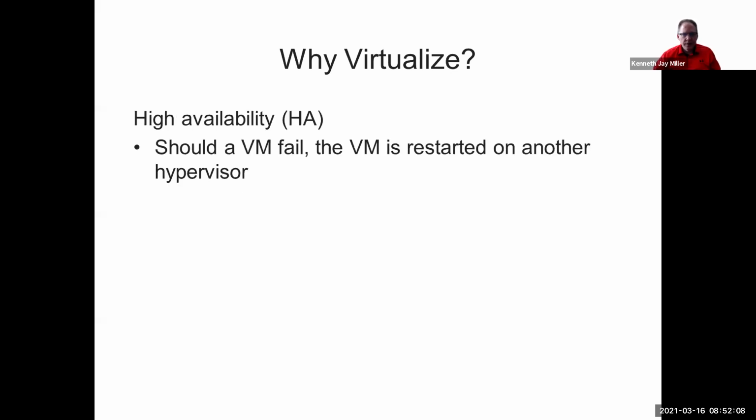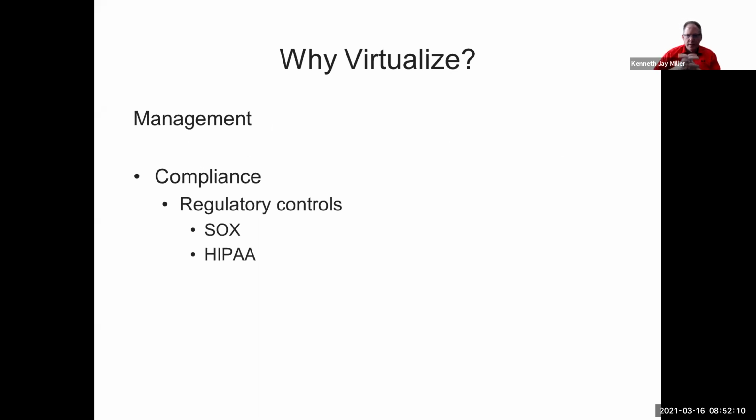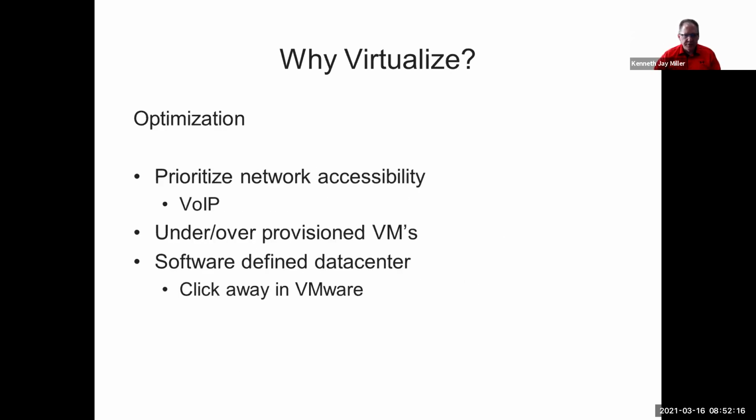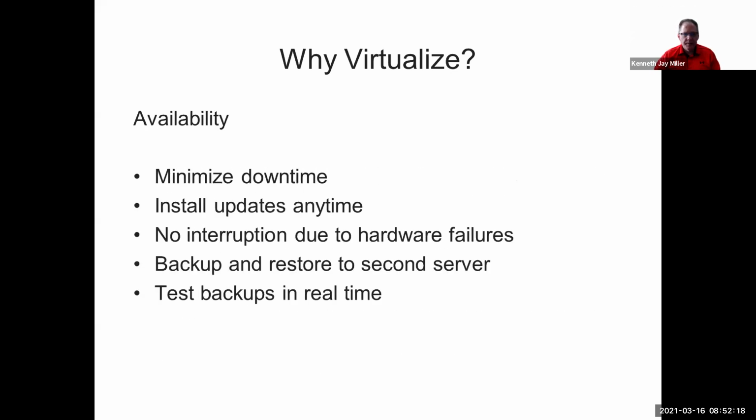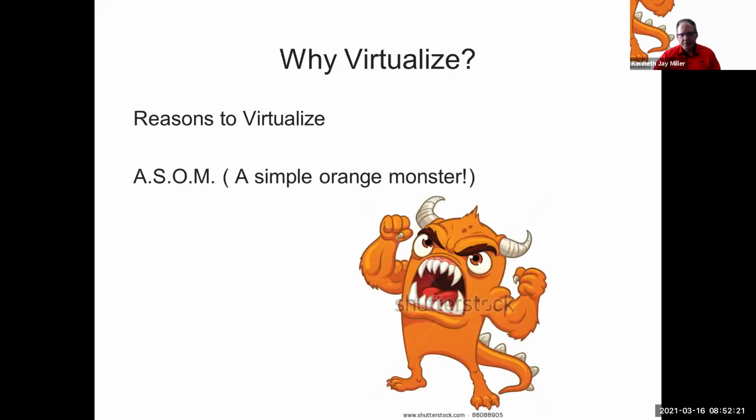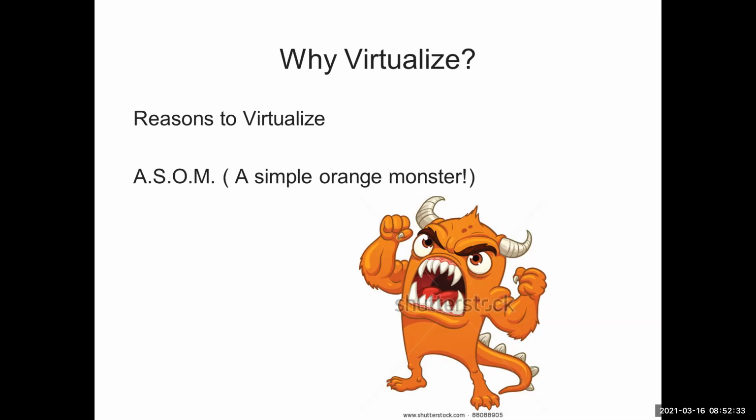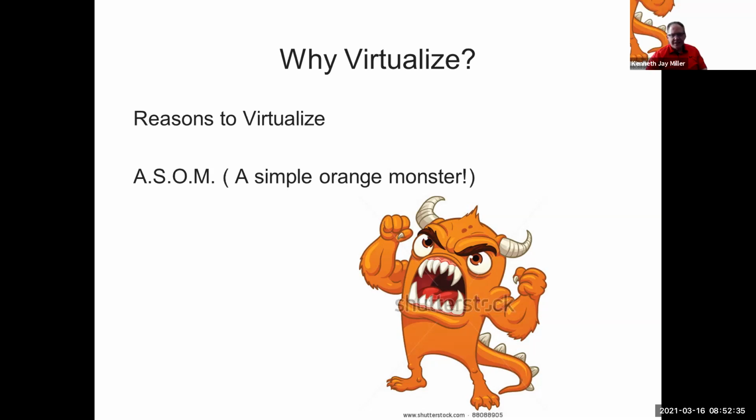All right. So that's a good place for us to stop for our first break, with the simple orange monster. If you go back to our picture here, here's our little orange monster, a simple orange monster. And someone tell me, what does the A stand for? Availability, good. What does the S stand for?